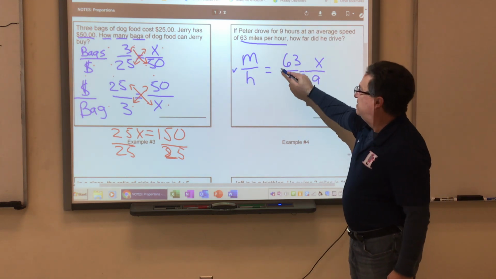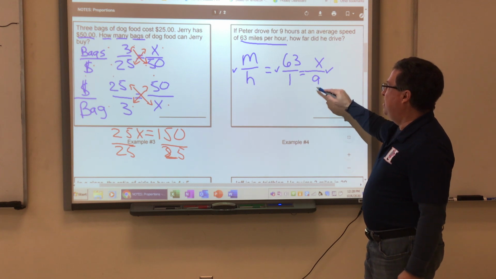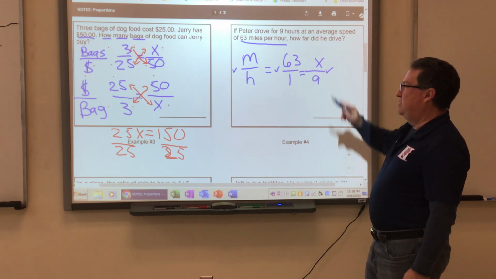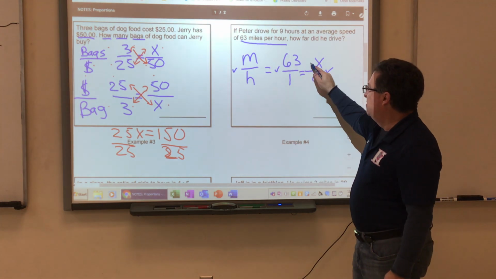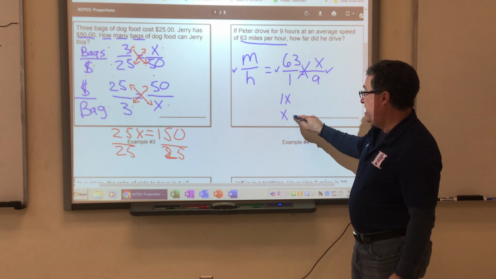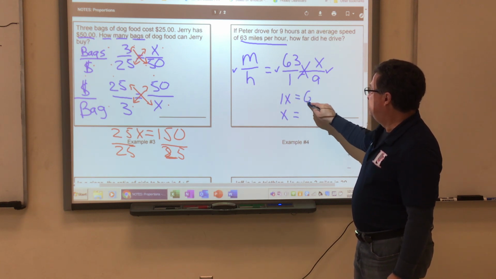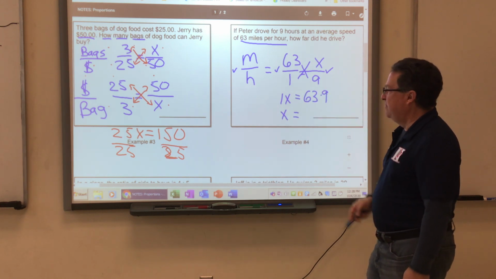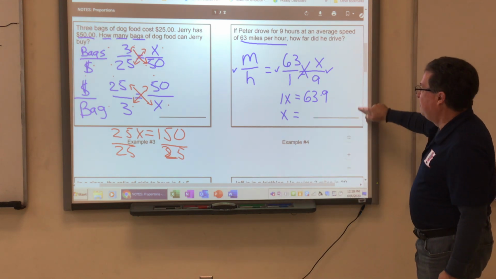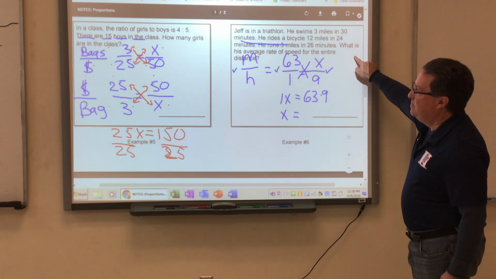Step 1, step 2, step 3: word statement, write what you know, write what you need to know. Cross multiply, 1x, which is the same as x, equals 63 times 9. And there's your answer to number 4 when you multiply. All right, next.